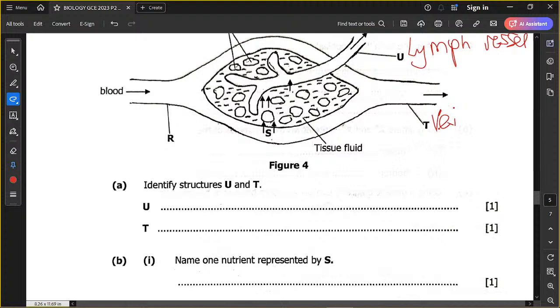Okay, so we are saying venule. So here U is the lymph vessel, then we have T, which is venule.